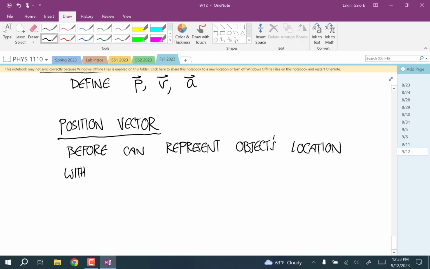Can anyone think what those might be? It's sort of a hard question. So before we can represent an object's location with a vector, what would you think of as the 2-dimensional equivalent of the 0 position? In real life or on the graph? In real life.